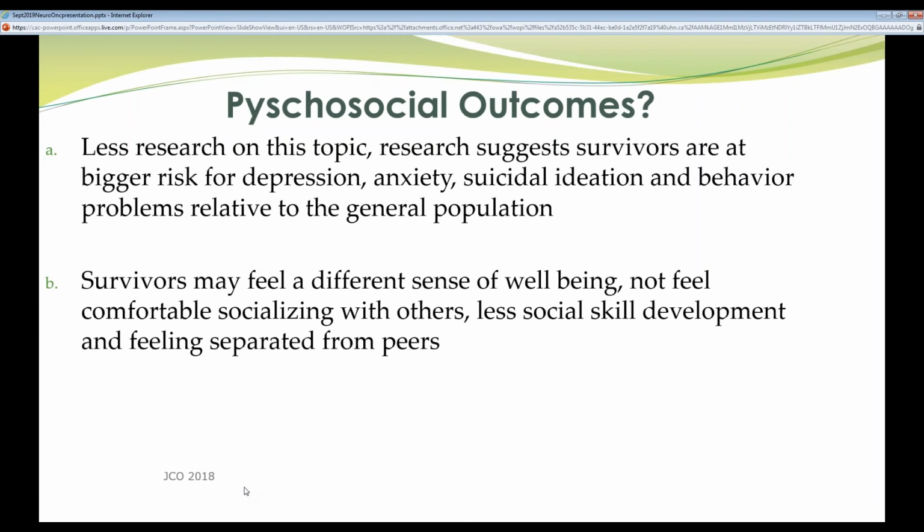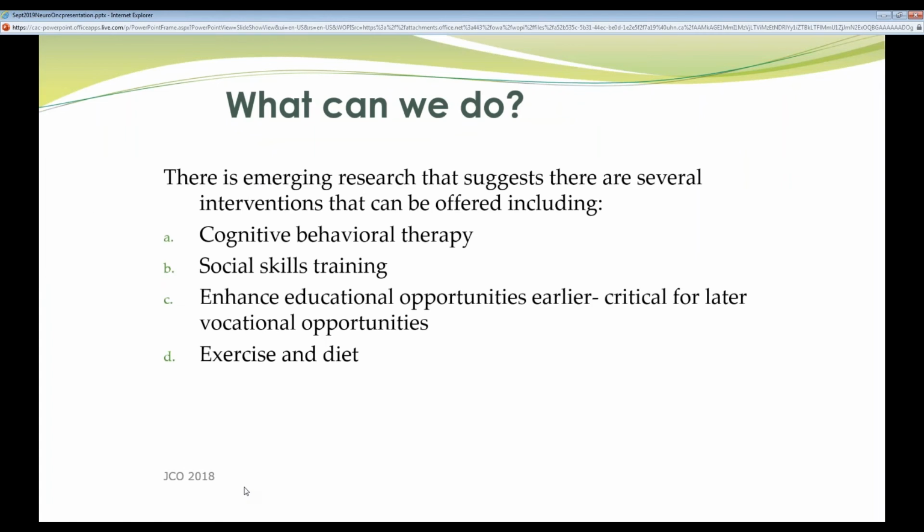So one thing is giving patients access to talk about how they feel. And the other thing that's super important is trying to have a network for socializing and social skill development, and to not try to feel separated from peers no matter where you live.